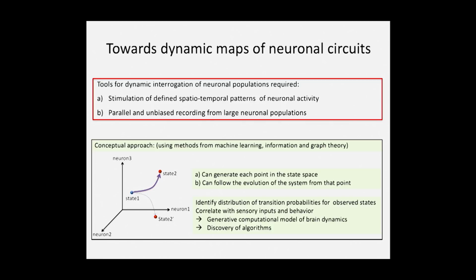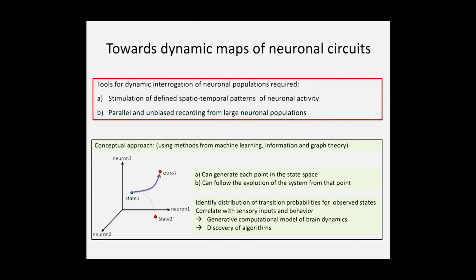And then by having the ability to observe how these points evolve to other points, we could build over time transition probability maps that could inform us about the probability of the transitions and use them to inform models that could be generative of the dynamics of the brain. And ultimately, we are interested in working towards the discovery of the underlying algorithms.